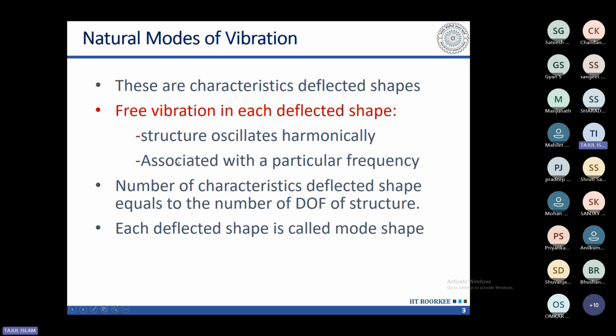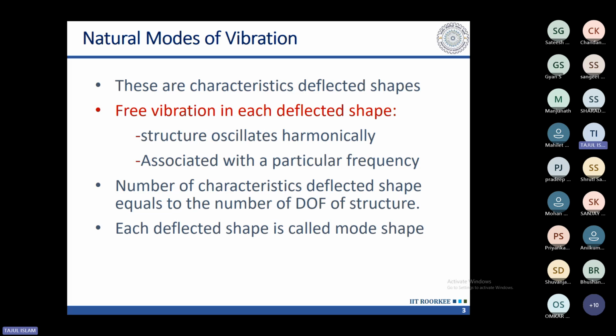There is a relation between frequency and time period, so each frequency you can convert into a time period. That is why each mode shape will have a frequency and a particular time period.